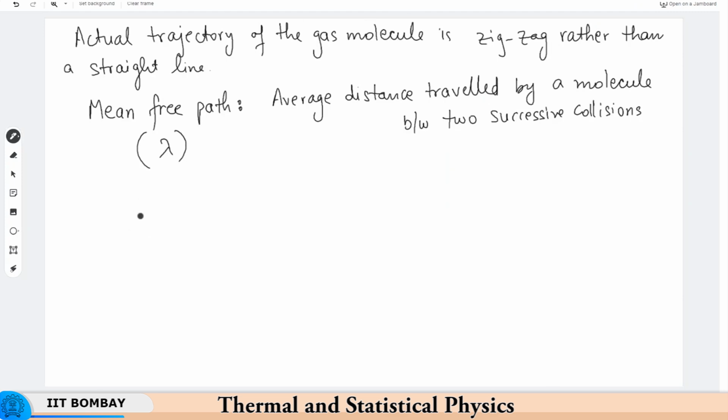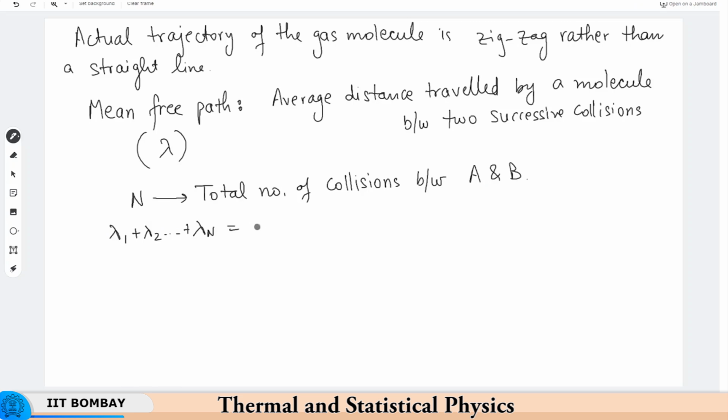And again, we can now write down the definition. Say n is the total number of collisions between point A and B, and lambda 1 plus lambda 2 and so on plus lambda n is the total distance travelled by the gas molecule.